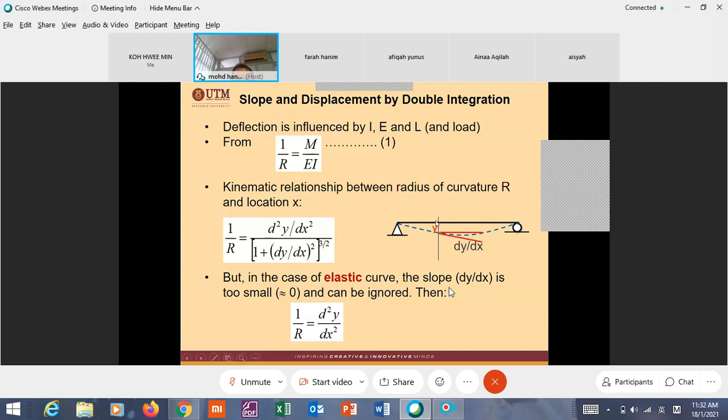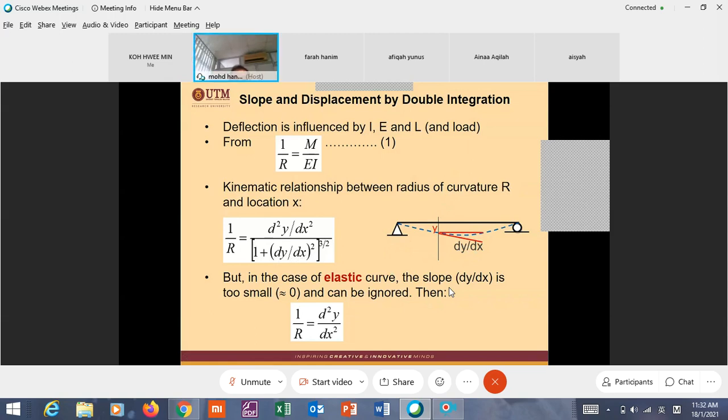So when it is very small, and remember, we just take a very short portion. That means dy/dx is very small. When dy/dx is small, therefore (dy/dx) squared is equal to 0. For example, 0.1.